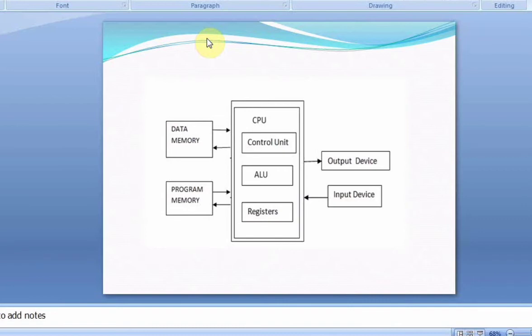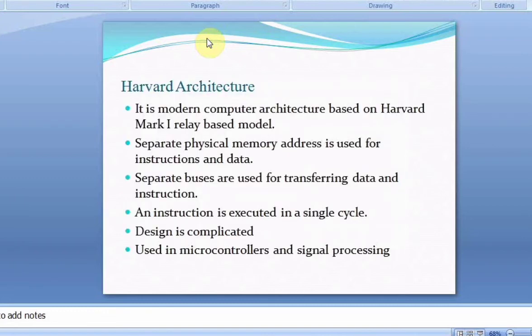Now we'll see the block diagram, so see the difference between the Von Neumann and the Harvard architecture. Here you can see that there is a separate data memory and a separate program memory, and also the buses are separate for data as well as the program memory. Because of this structure, the processor can complete the instruction in one cycle if the appropriate pipelining strategies are implemented.